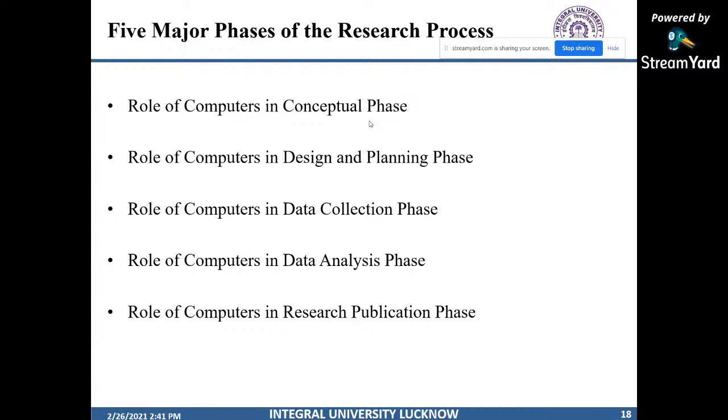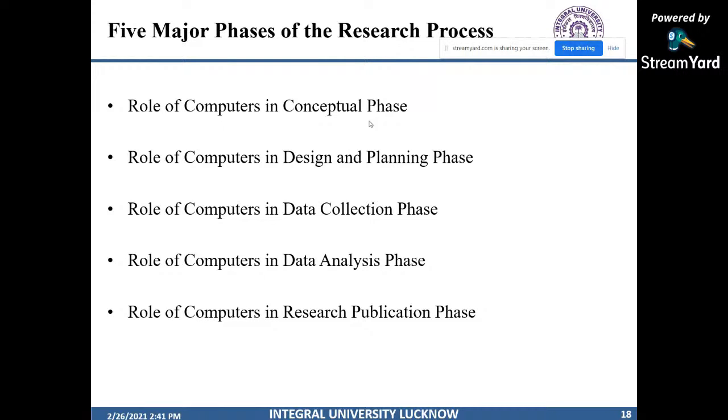The next one is the role of computers in the design and planning phase. This phase consists of research design, preparation, and determining sample design.